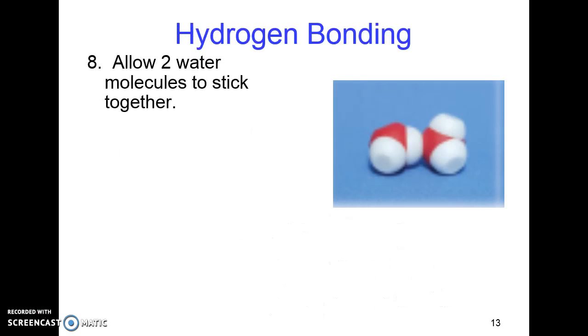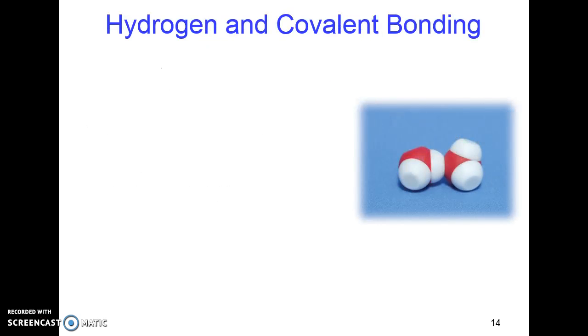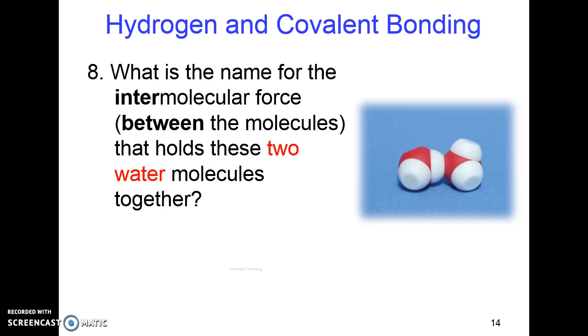Okay, moving on, we're on question number 8. We're going to allow 2 water molecules to stick together. Now pull the 2 water molecules apart and get the feeling of what that feels like. This is going to model a real hydrogen bond in real life. And then you're going to try and pull a hydrogen off of a water molecule.